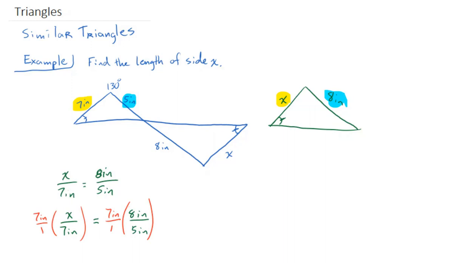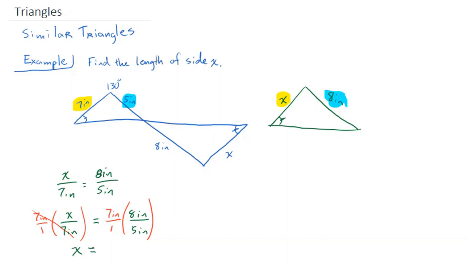I emphasize that I'm multiplying by 7 inches in the numerator by making it over 1, because 7 inches divided by 1 is just 7 inches. But the gist here is that on the left, it's going to cancel and leave me with just an x, which is what I wanted. I was trying to isolate x. Equal to. Now on the right, you can do this a lot of different ways.